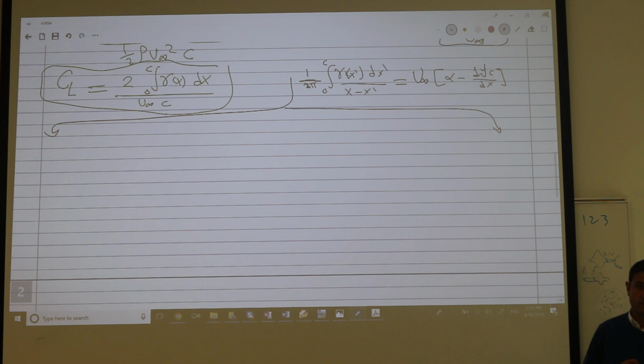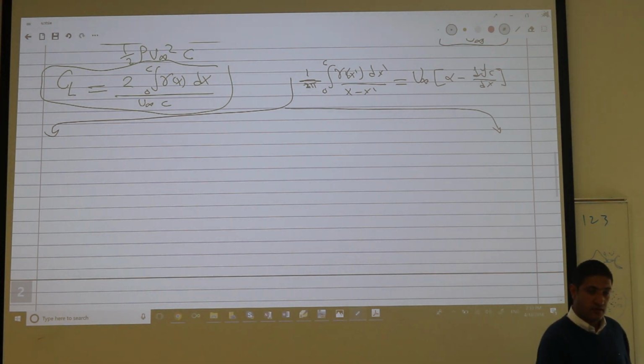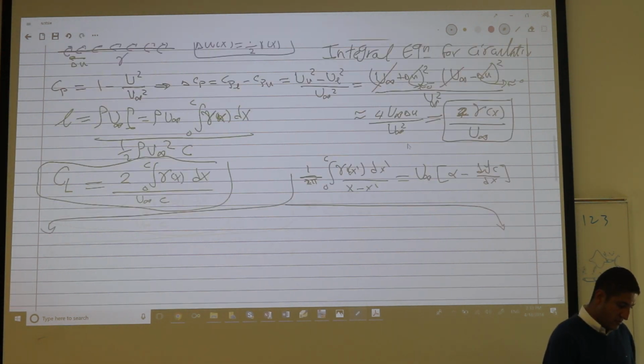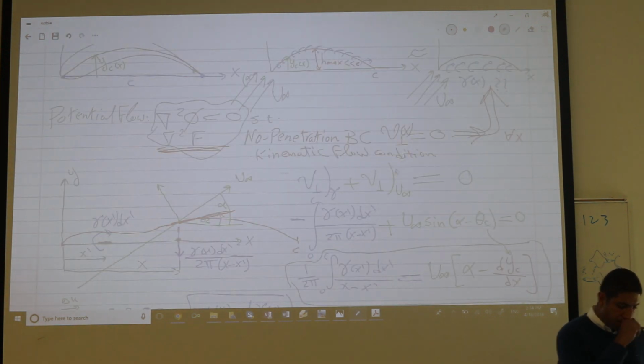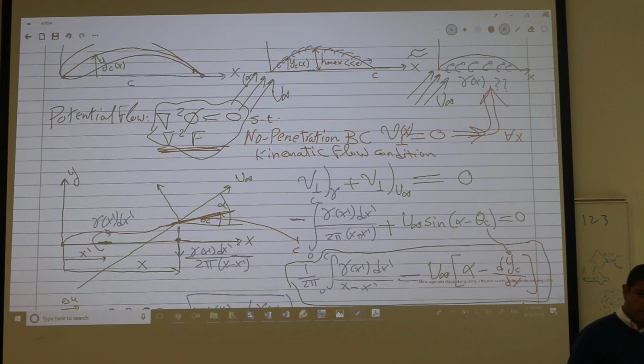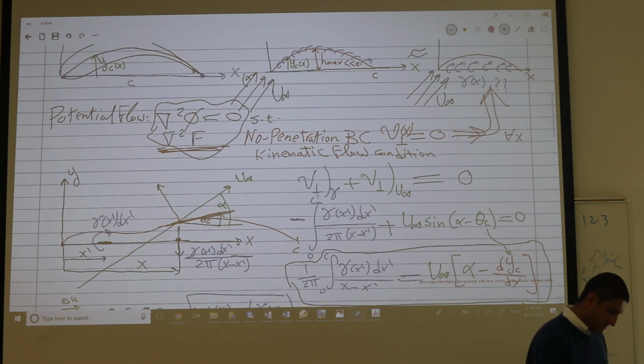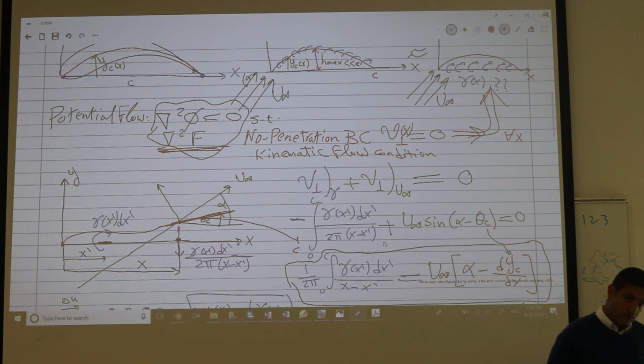What we're going to do, yes, Amir? Can we put other singularities, like a combination of singularities: doublet, source, sink, vortex? So the left-hand side of your velocity will change, right? So you need more integrals for that. That's right. For the addition of each new element, you need new boundary conditions to satisfy it.